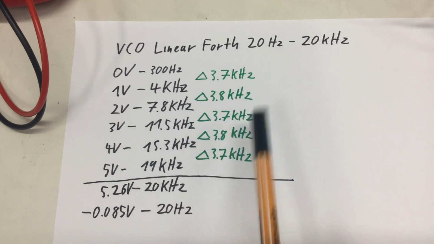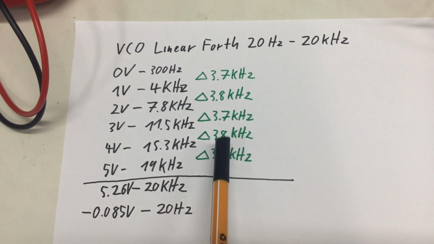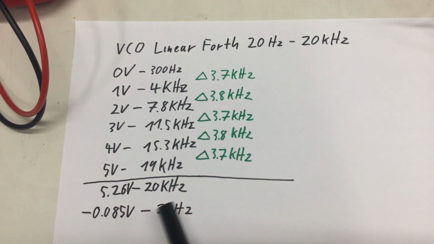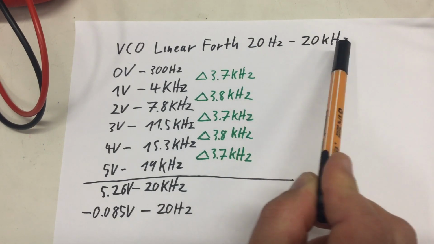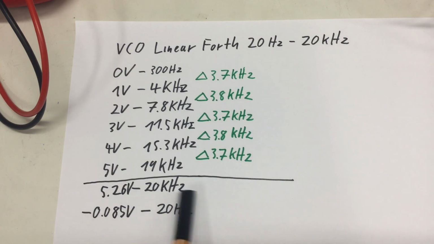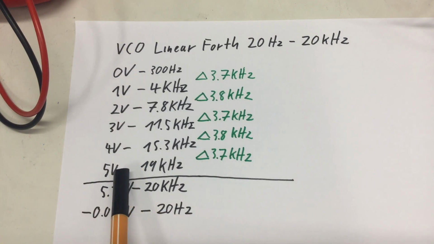That's within measurement errors, I guess, linear. The problem is, of course, that our set lower and set upper frequency is not reached between 0 and 5 volts. But maybe we are able to make accommodations for that.